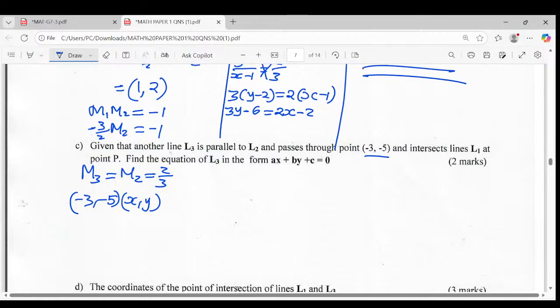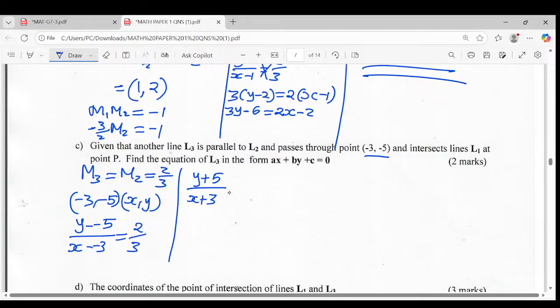So here I'll have y minus -5 over x minus -3 equal to 2/3. Then y minus -5 is like saying y plus 5, over x minus -3, which is like saying x plus 3, equal to 2/3. Then what happens here, ladies and gentlemen, is cross multiplication.